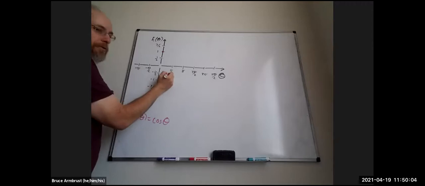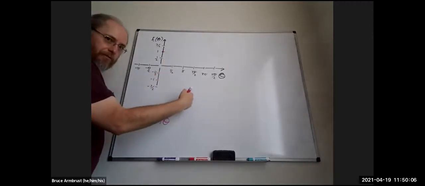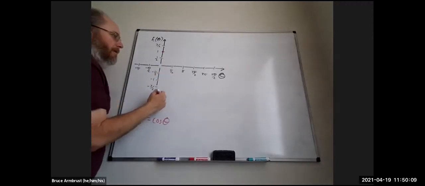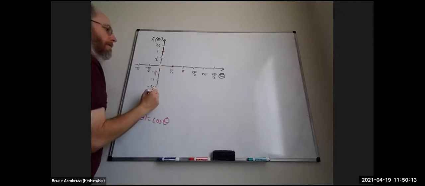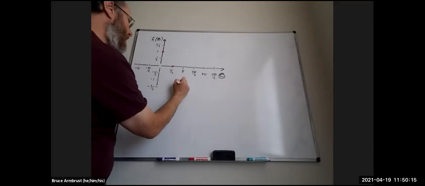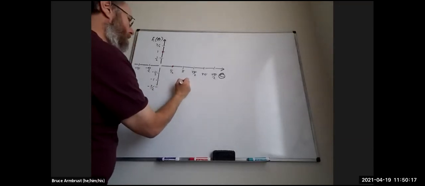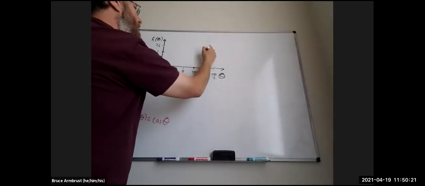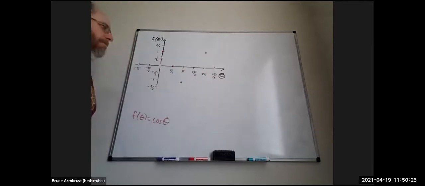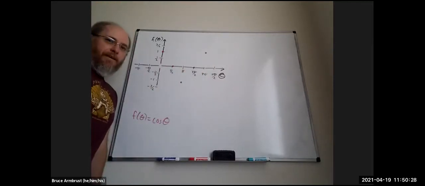At pi over 2, if we go down our chart to pi over 2 and look over under the cosine column, you're going to get 0. At pi, you're going to get -1. At 3 pi over 2, we had 0. And at 2 pi, we were back up to 1. Those were every fifth one on our chart.